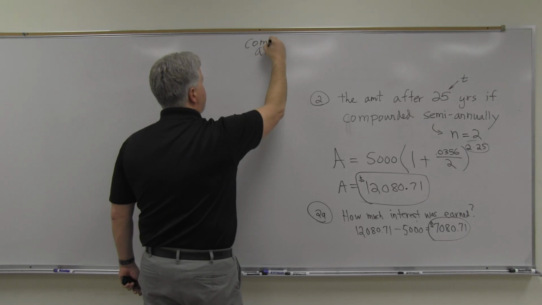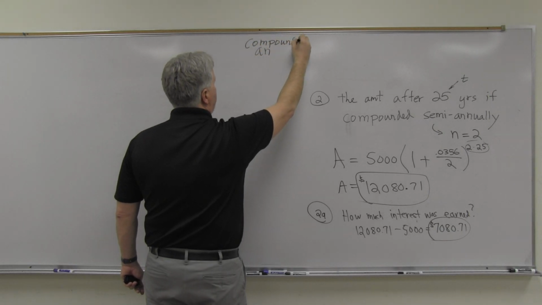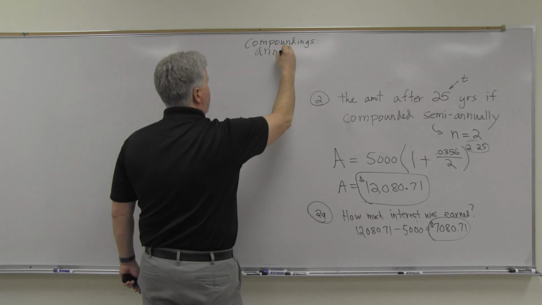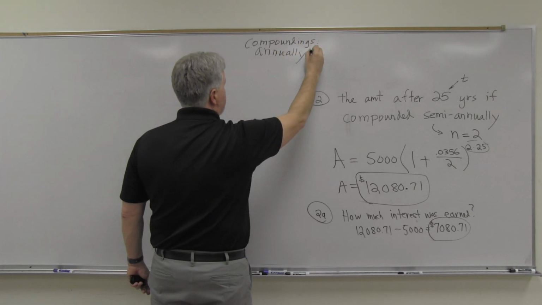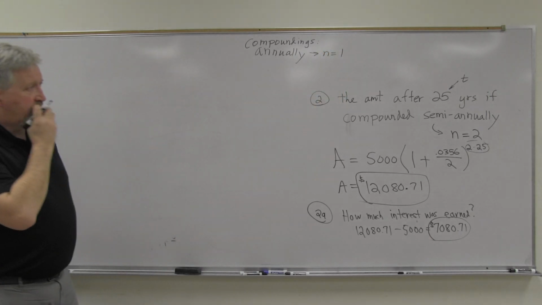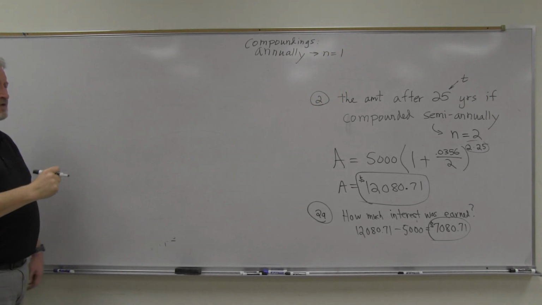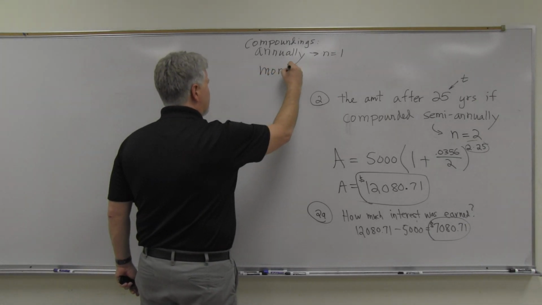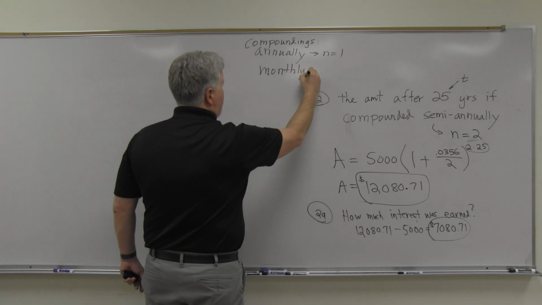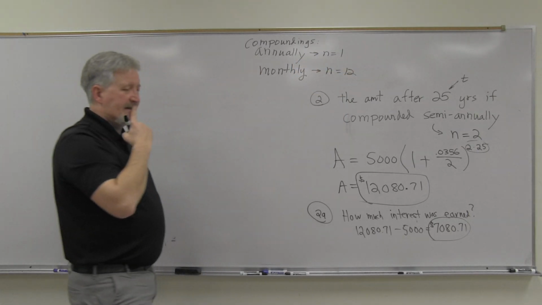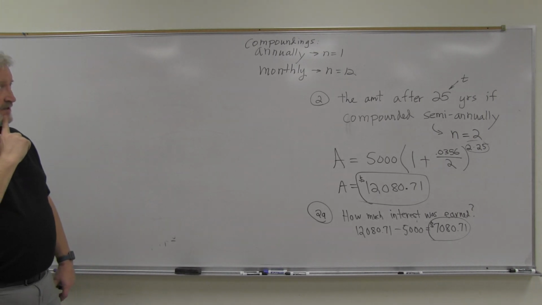Other compoundings: annually is just n equals 1. Monthly, I don't remember seeing that one, but obviously there are 12 months in the year, so that would be n equals 12, 12 compoundings per year.